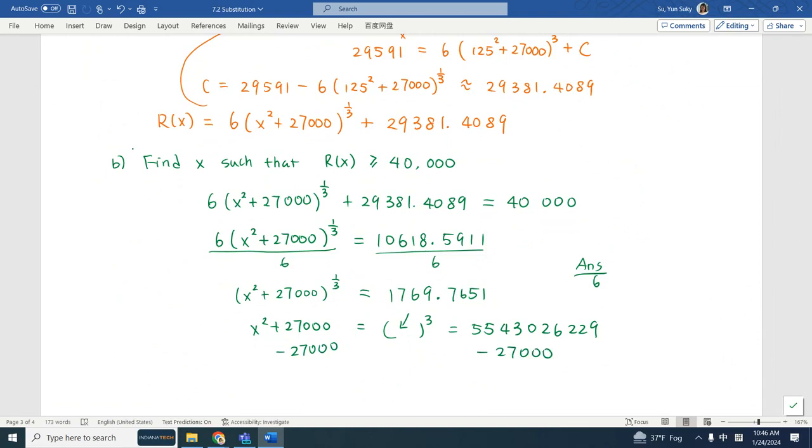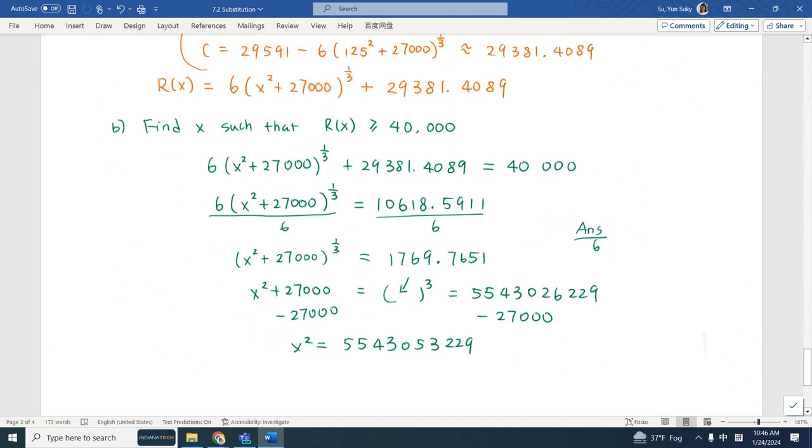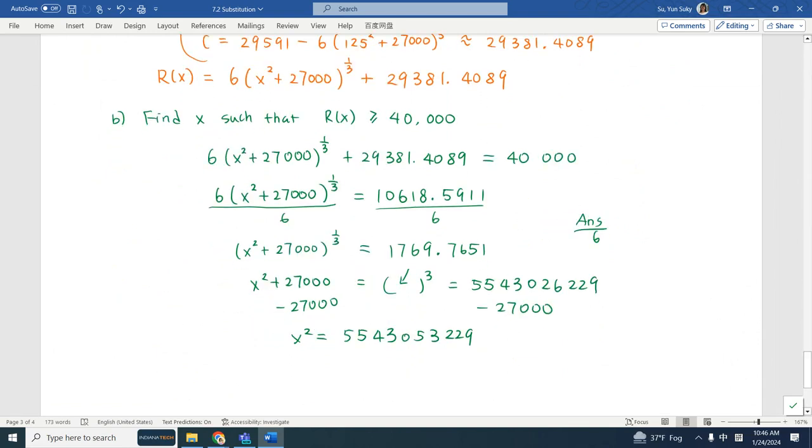If you subtract 27,000, what do you get? 5543053. Yes. And then we take the square root. Okay. I got something. You got something different. Yeah. What do you get here?